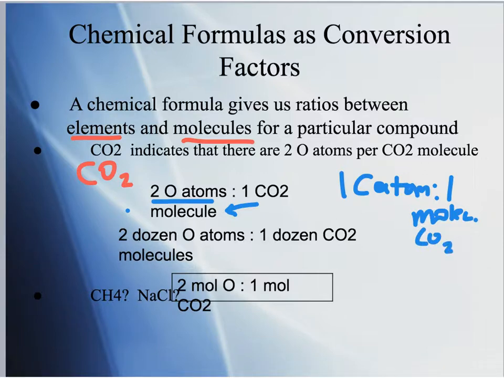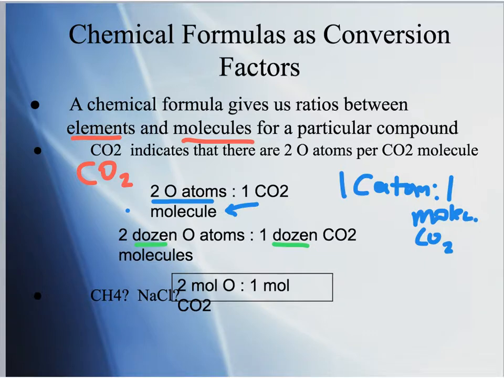Same idea with the leaves on the clover. Now, if we expand that out, instead of talking about individual atoms, what if we talked about the counting unit dozen? If we had 2 dozen oxygen atoms, there would be 1 dozen CO2 molecules.